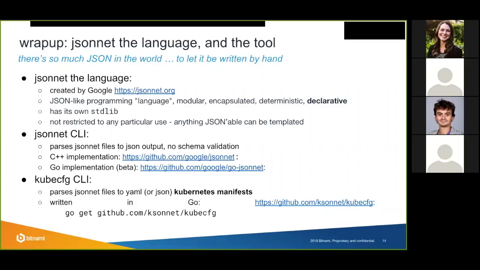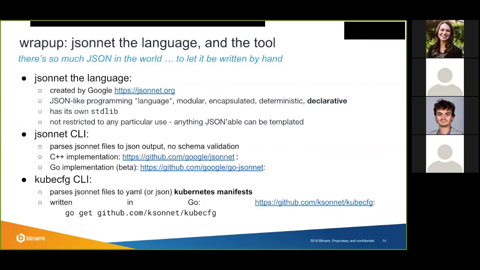For example, there is no printf. It's declarative. Being deterministic, you cannot, for example, create a random value. So by design, provided with the same inputs, it will always give the same output. It has its own stdlib, standard library.